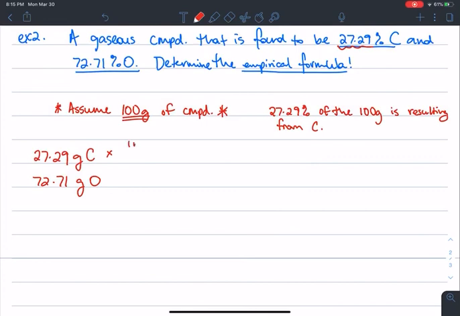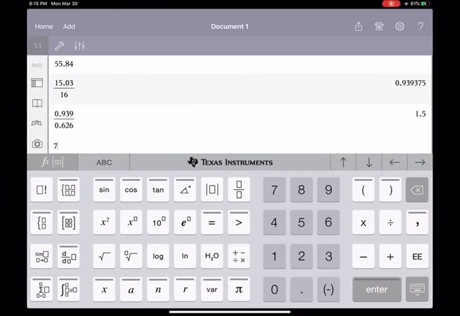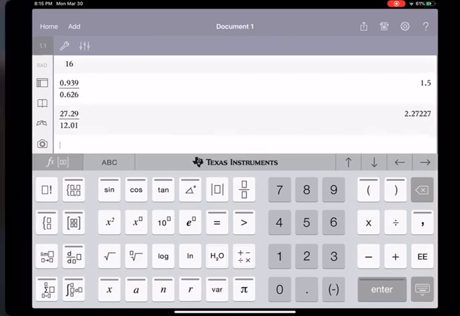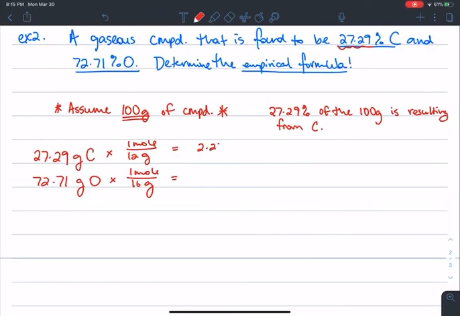So we have 1 mole is 12 grams. We have 1 mole is 16 grams. I know that carbon on some periodic tables is 12.01, oxygen is 15.9, right? But we're getting close. So 27.29 divided by 12 gives 2.27 moles of carbon.